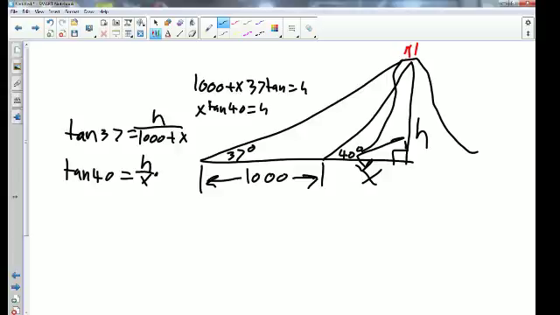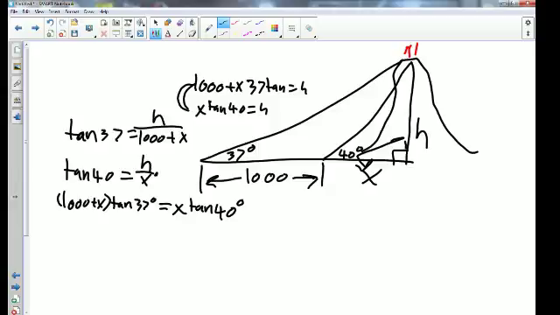So now that you know they both equal h, that means these two are equal to each other. So you can set up that equation as 1,000 plus x, times tangent of 37 degrees, is equal to x tangent of 40 degrees. Now it's just an algebraic problem and you're solving for x.